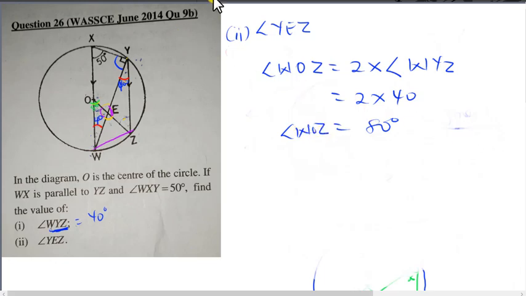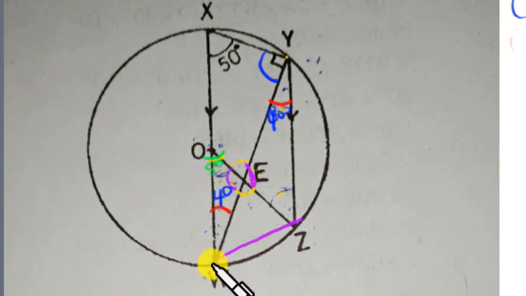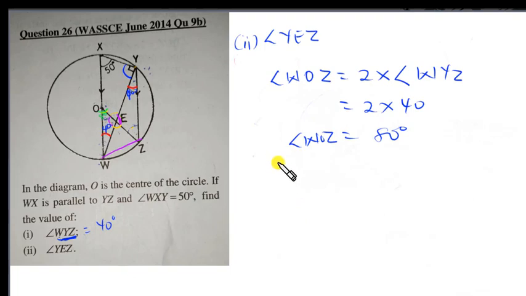So now we know the angle WOZ, which means that we can find one of the angles of the triangle OEW. Considering this smaller triangle OEW, I'm going to call this angle OWE.